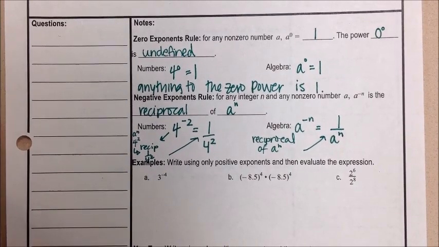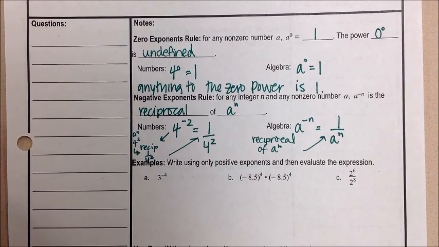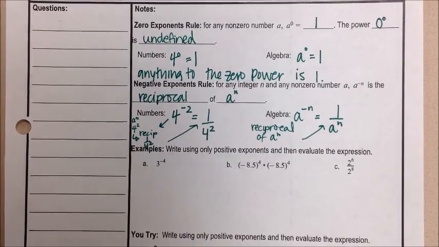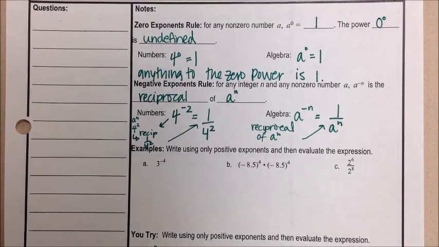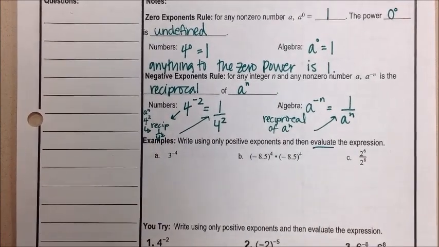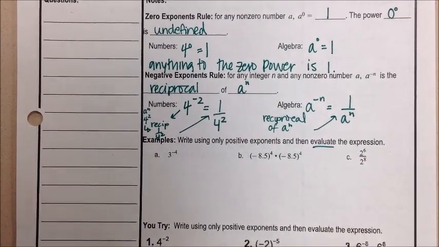Hopefully you remember experiencing that in the activity. This says use only positive exponents and then evaluate the expression. So not only does it want me to write it using positive exponents, it wants me to evaluate. So write it as a power and then evaluate.